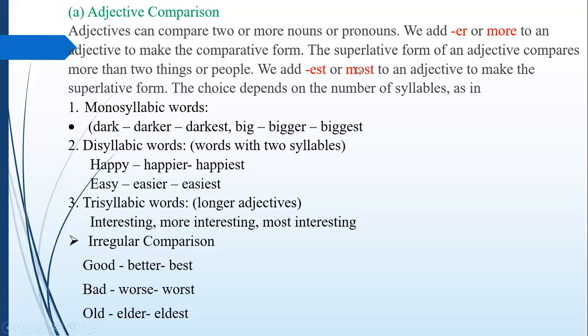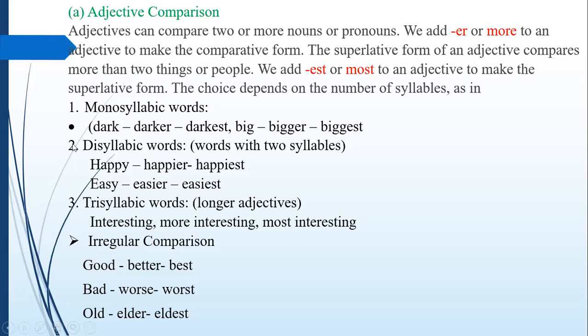For superlative, if the adjective, again, consists of one syllable or two syllables, we should add EST at the end. Dark, darkest. Big, biggest. Right? Dark, darker, darkest, big, bigger, biggest.